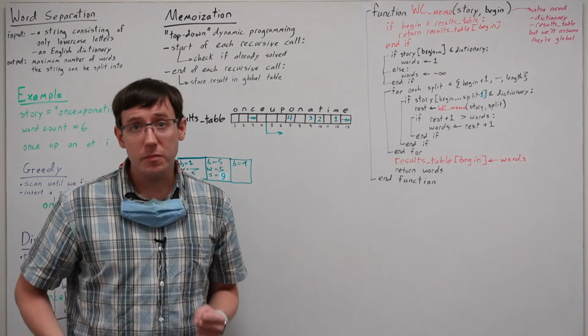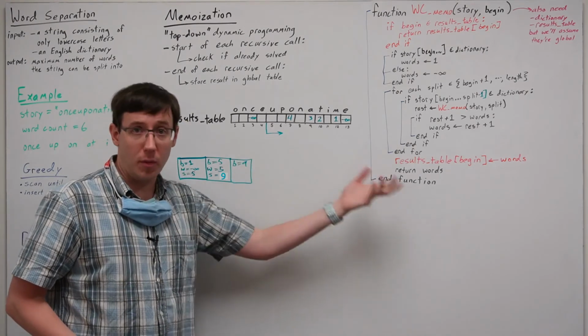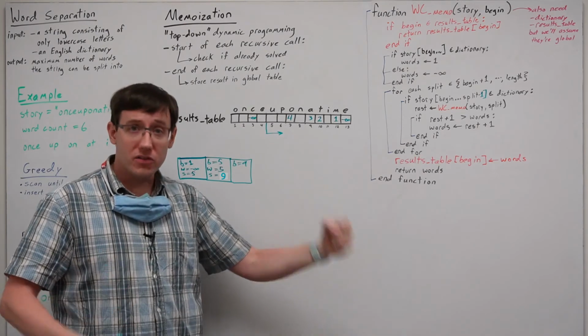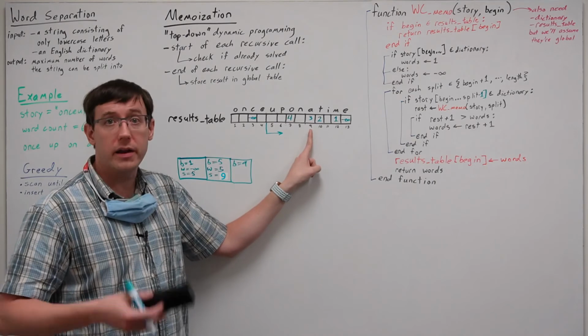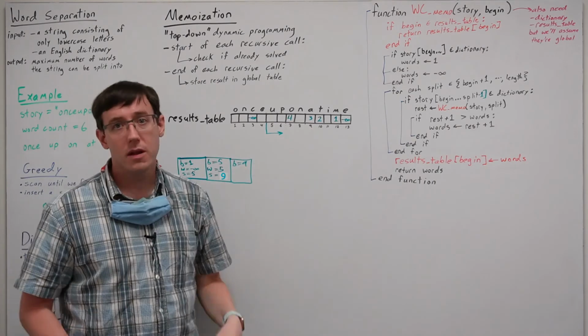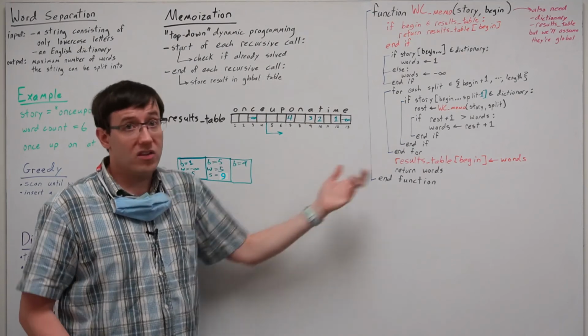And if we hadn't memoized, this is where we would be duplicating an enormous amount of work. But instead, because we saved the result from calling on index 9 last time, this immediately sees a value in the table and returns it.